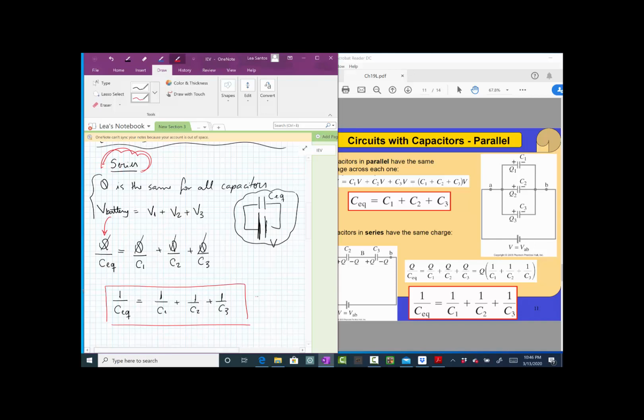So don't get confused and don't mix up circuits in series with circuits in parallel for resistors and for capacitors. The equation that we get is the opposite in this case.